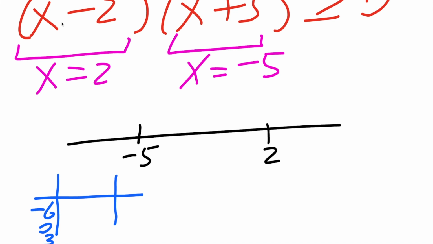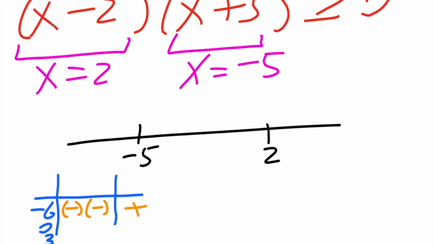If I put a -6 here, -6 minus 2 is -8, so a negative number. -6 plus 5 is -1, also a negative number. And a negative times a negative is a positive number. So I know if I have a -6, this whole piece right here would be a positive number. It doesn't matter what kind of positive number it is, but I know it's going to be bigger than 0.